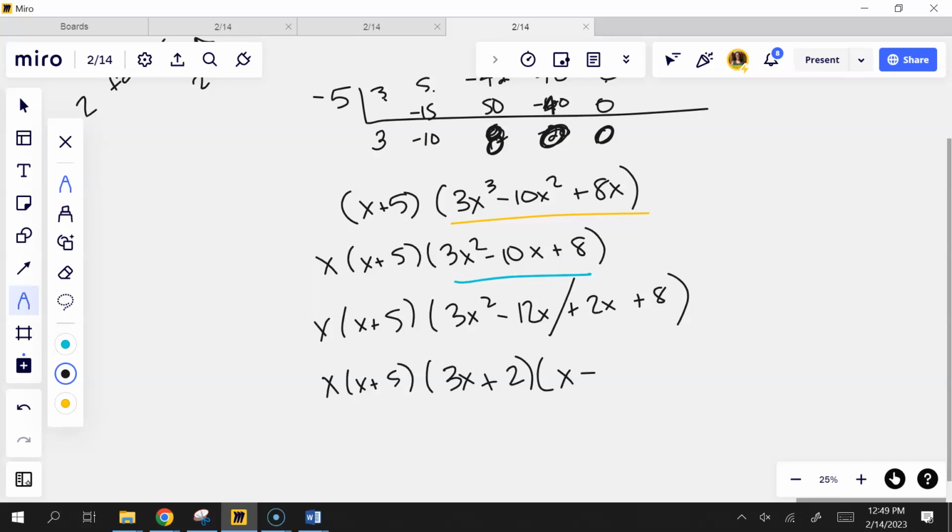Wait a cotton picking minute. Why did you put 3x2? Take out 3x and you get x minus. My signs are off. What multiplies to 24 but adds to negative 10? Those are the wrong factors.